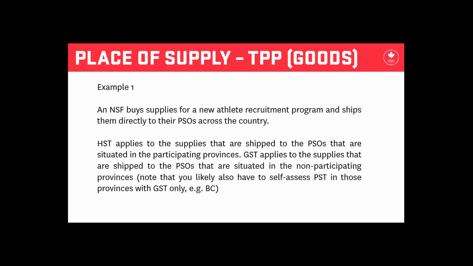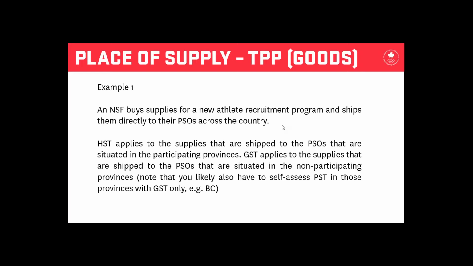If, on the other hand, let's say you take possession of the goods. So if you take possession of 100% of the goods in, and I'm just going to use Ontario as an example, then you're in a situation where you've paid Ontario HST for all of these goods, but in actual fact you're then going to ship them across the country.